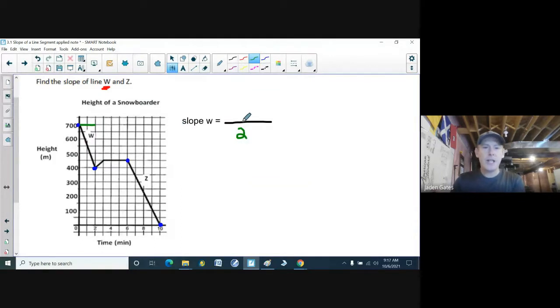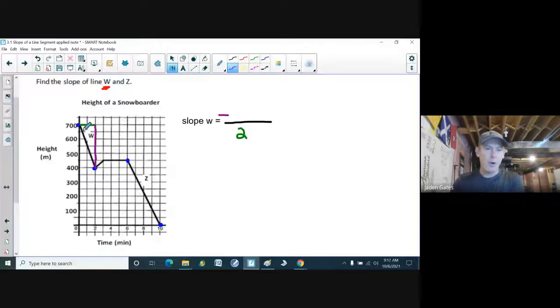Now, here's where things change up a little bit. I'm going to go down 1, 2, 3, 4, 5, 6. But here's the difference with this graph. I'm going down 6 spaces. That is true. So I'm going down, it's going to be negative. But look, this snowboarder is dropping from 700 down to a height of 400. So in fact, before all our spaces were just worth 1, but this time they're not.